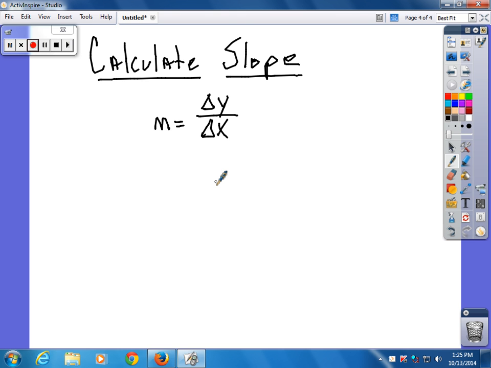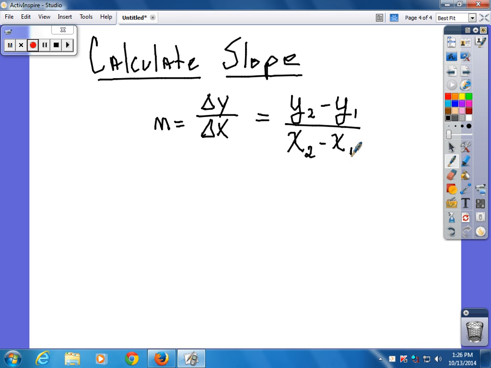But don't worry about that. This is the actual formula: y sub 2 minus y sub 1 over x sub 2 minus x sub 1. That's the formula right there you need to memorize. That means the second y minus the first y over the second x minus the first x.